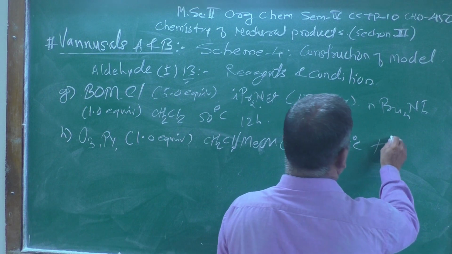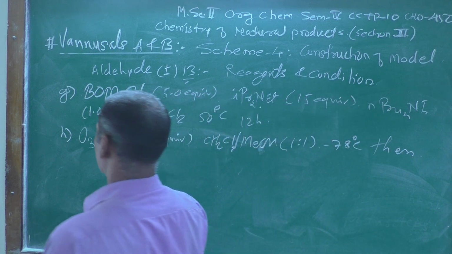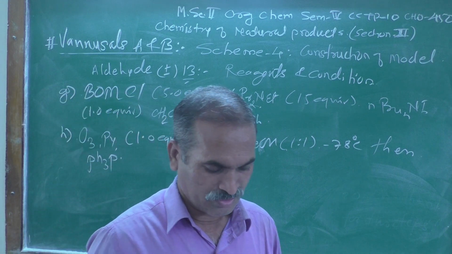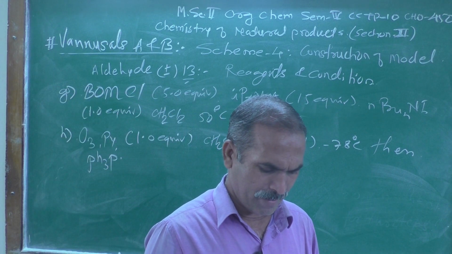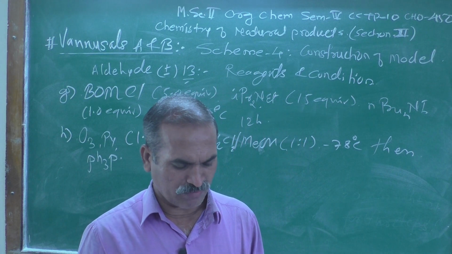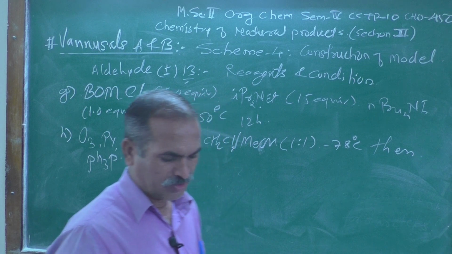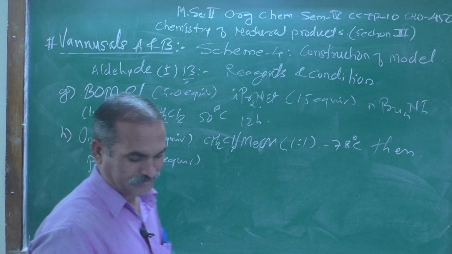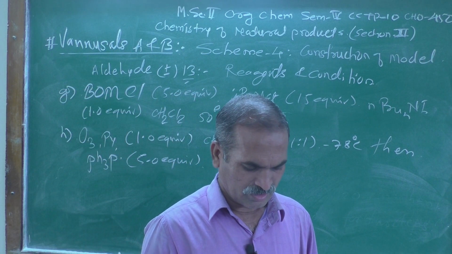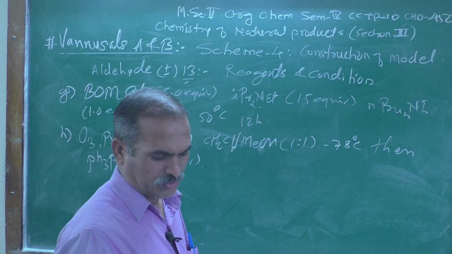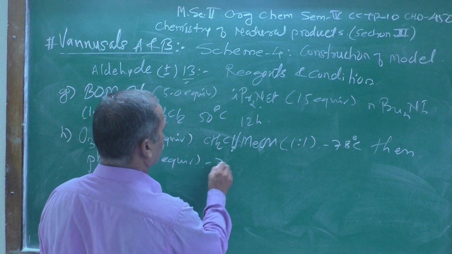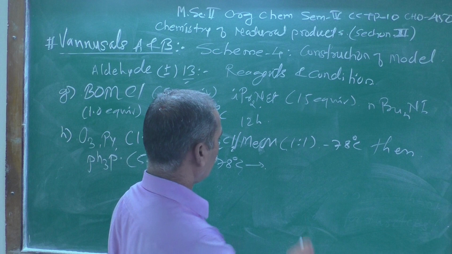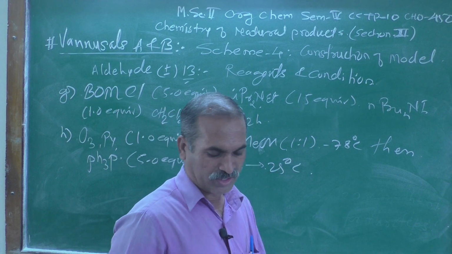and then PPh3, that is triphenylphosphine, which was taken near about 5.0 equivalent, and the temperature was kept at minus 78 degree centigrade, changing to room temperature 25 degree centigrade.